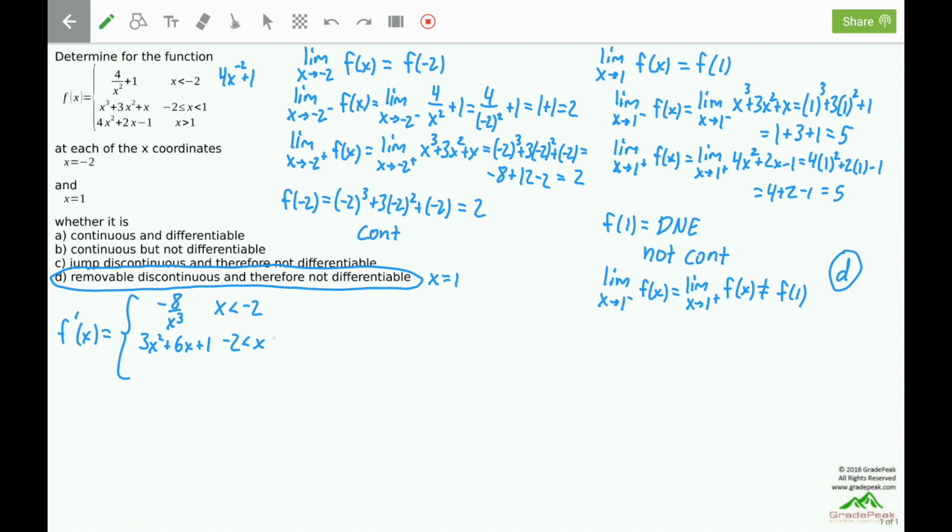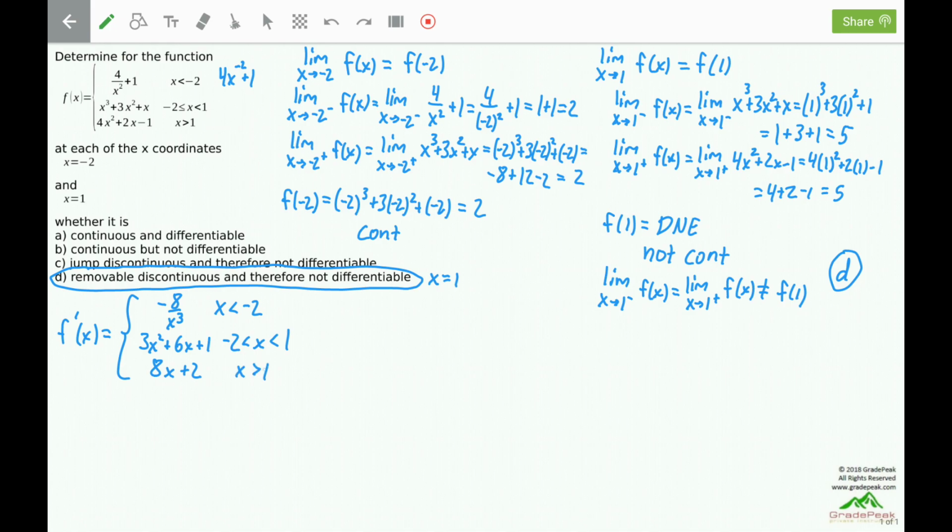We do not know yet if it can include -2. That's part of being differentiable there. And then less than 1. And then the last expression will have the derivative of 4x squared plus 2x minus 1, and that'll be 8x plus 2. And that'll hold true for x is greater than 1.